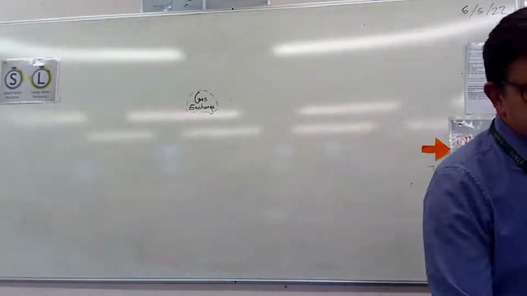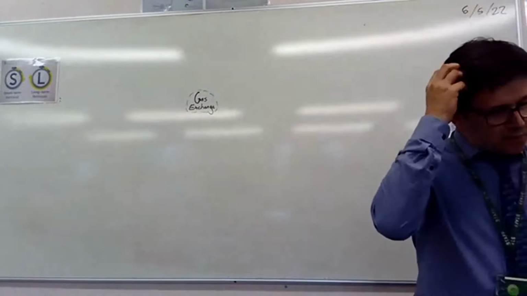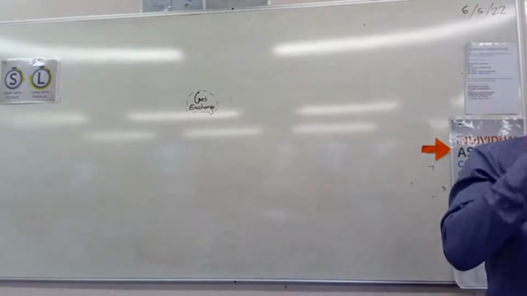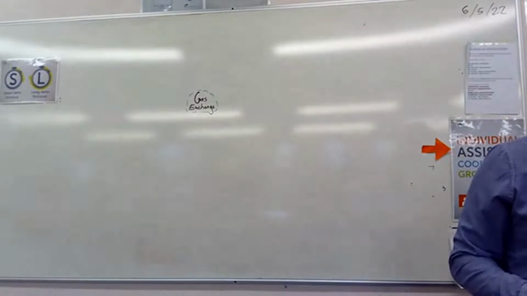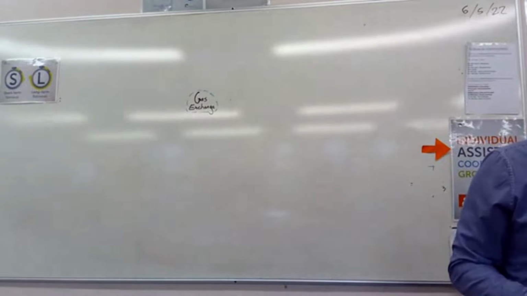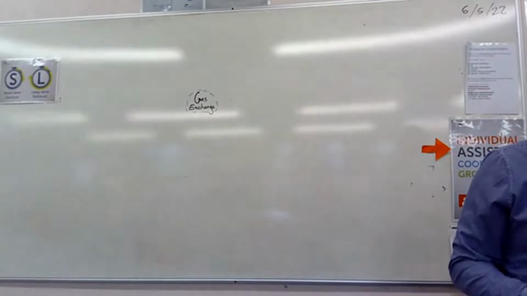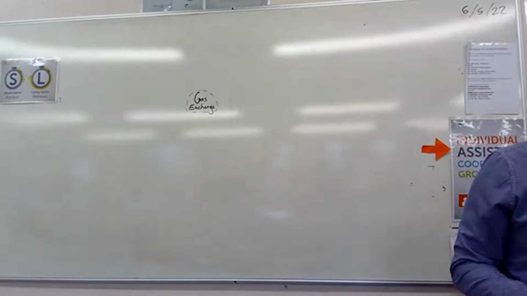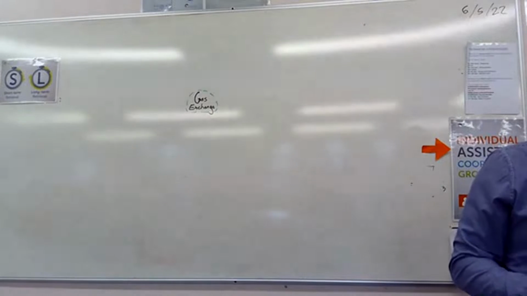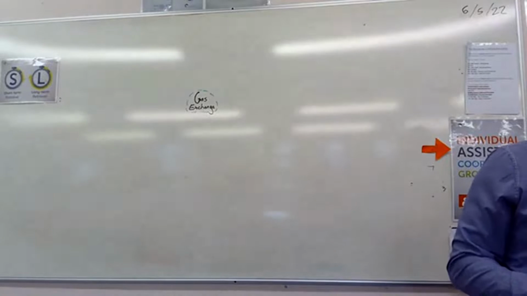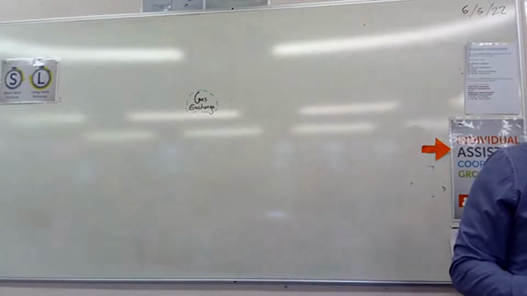Exchange. So first question then is, what do we exchange? What do animals exchange? Sorry? What do we exchange? Yeah, oxygen, CO2. What about in the plasma of our blood? What else is dissolved in there?